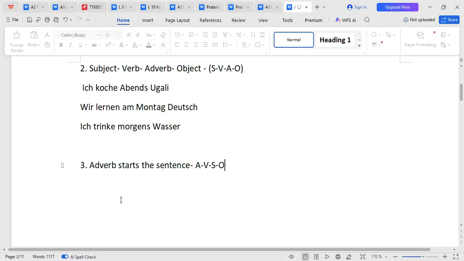What I mean, let me write it here for you. Adverb, let's just say time. If you have time, then the verb is a doing word. You all know the verbs. Then we have the subject. Then the object goes last here.